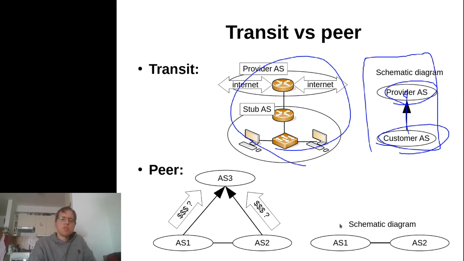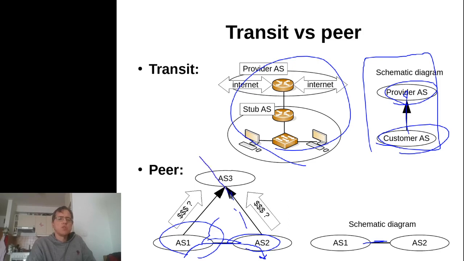In this particular case, when there is an arrow, then there is a transit relationship between these two ASes. The other type of relationship might be the peer relationship, where the lack of an arrow actually indicates that there is no cash flow in this particular setup. So this simple setup in the peer relationship will just represent that very simple business relationship between AS1 and AS2, that they want to exchange their and their customers' traffic directly with each other through this peering for free, instead of going through a provider which will charge transit fees for such traffic exchange.